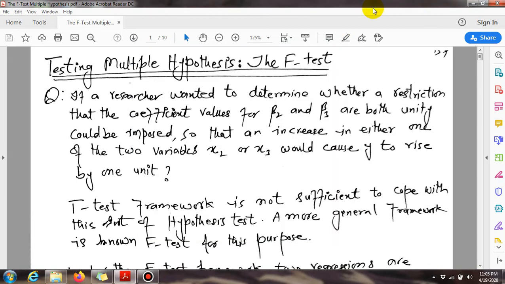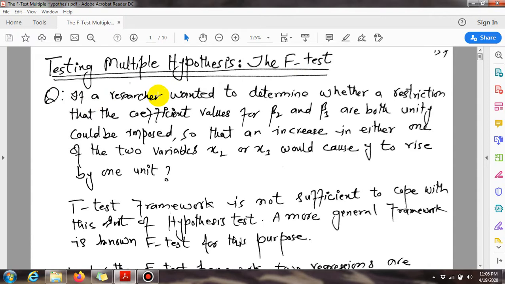Hello students, now we are going to discuss the topic testing multiple hypotheses, the F test. So what is the main query we are going to discuss for this purpose? Like we have a query here.